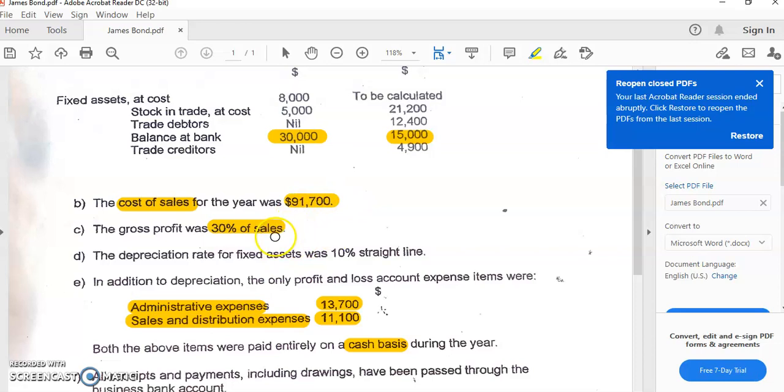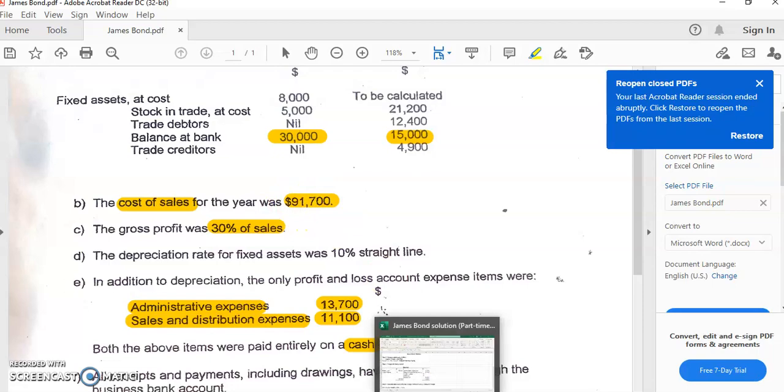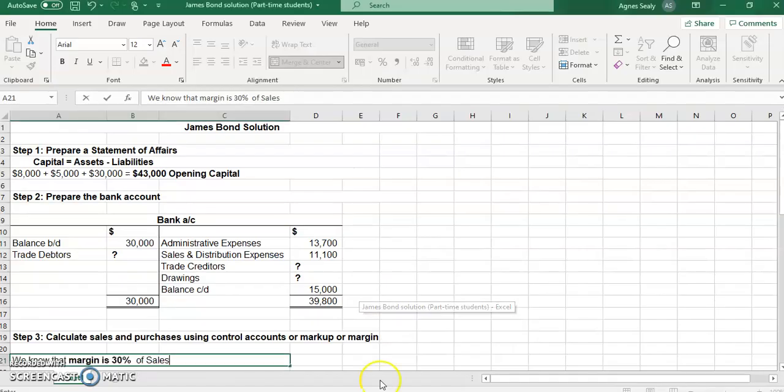But here they didn't tell us what the sales were, but they tell us that our cost of sales were $91,700. So they're giving us margin and they give us cost of sales. So we want to then find a markup so that we can calculate our gross profit based on this cost of sales figure that they would have given us here.